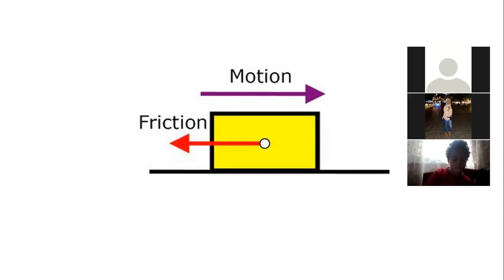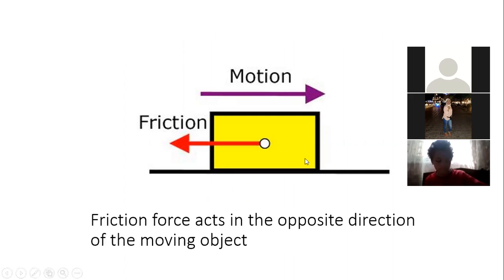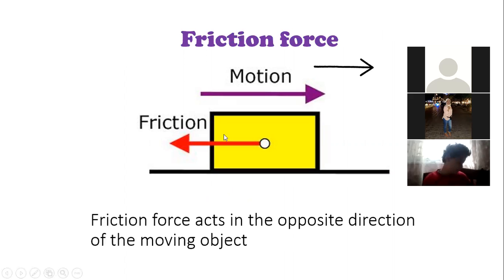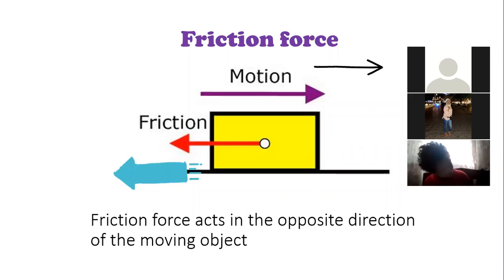Now, this is the direction of the friction force. If this object is moving this way, the friction force is always moving in the opposite direction. It's like pulling an object back because it is supposed to be stopping this object from moving.